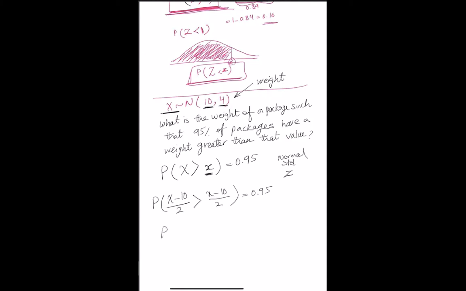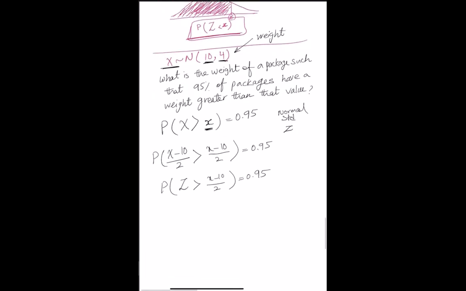So that's probability of Z greater than (x minus 10) divided by 2 is 0.95. Okay, what else? Where do I go from here? You could change the Z part of it to less than, subtract from 1.